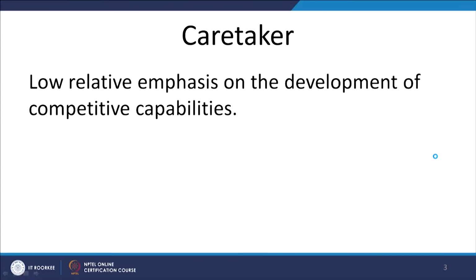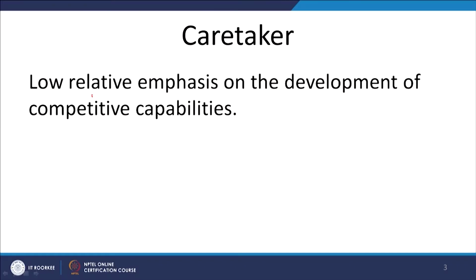So, the first is caretaker. Now, for caretaker type of organizations, as we just discussed, price is the important order winning criterion. The issue is that caretakers are organizations that are very reluctant in acquiring or developing new competitive abilities.